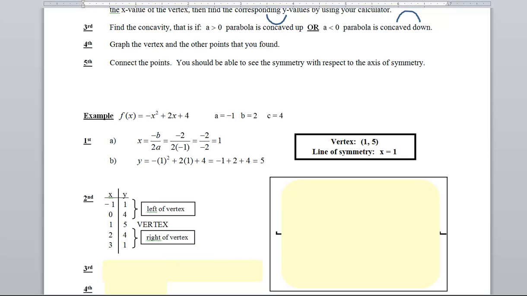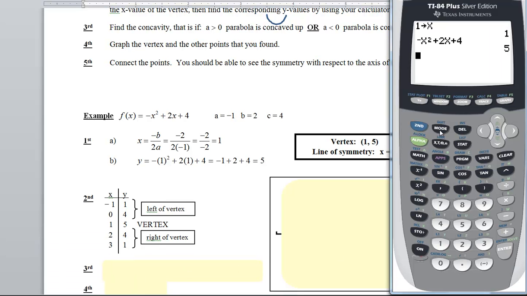Okay? But let me show you a quicker way. Let me get my calculator back up. Let me do y equals. Now, I already had it typed in here, but I want you to see something. Remember that second enter, and that will paste whatever the last thing you have in your view screen, second quit.